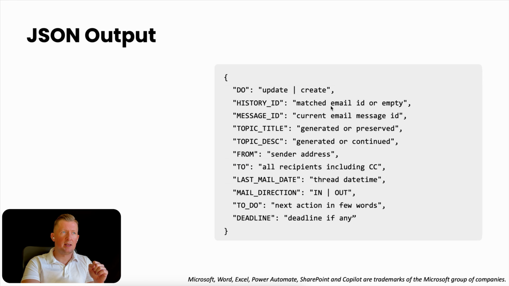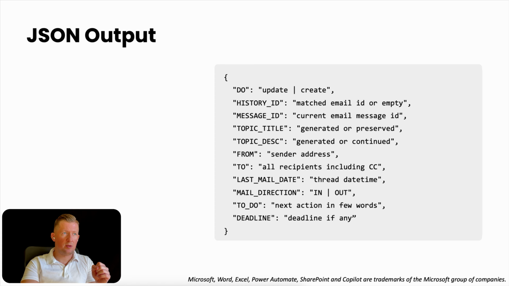The history ID is the matched email ID or empty. That means if a history is found in the online Excel, then it's the message ID of this previous task. If not, then it's empty. The message ID parameter is the current email message ID.